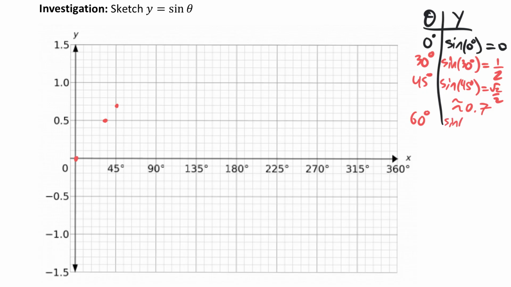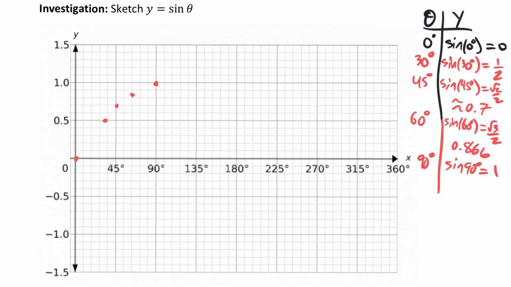So sine of 60 degrees is root 3 over 2, which is approximately 0.866. That's going to be somewhere around here-ish. And then at 90 degrees, we know sine of 90 is 1.